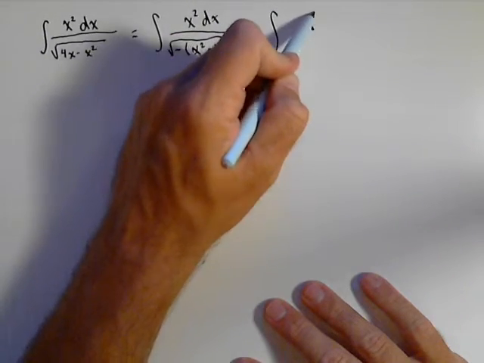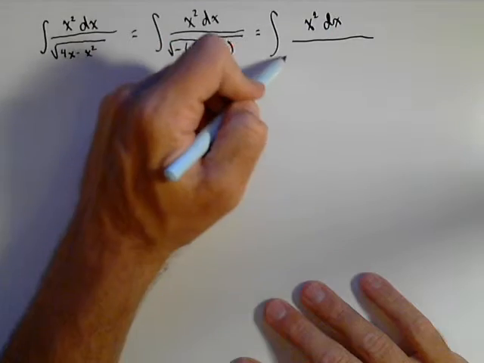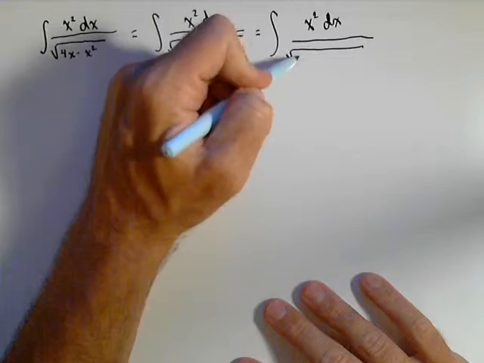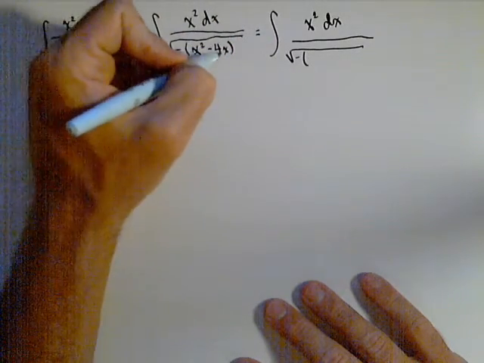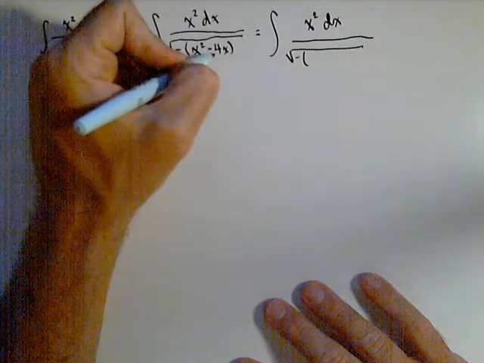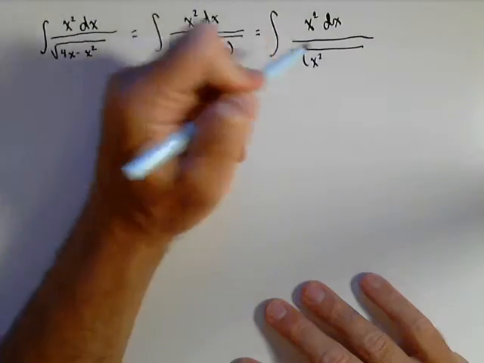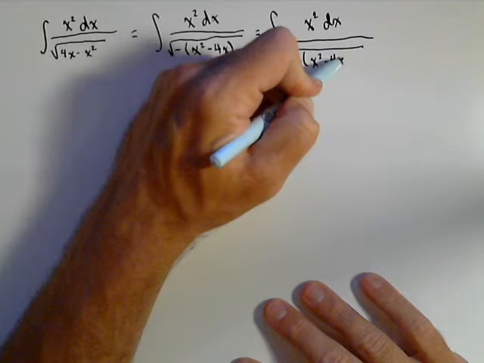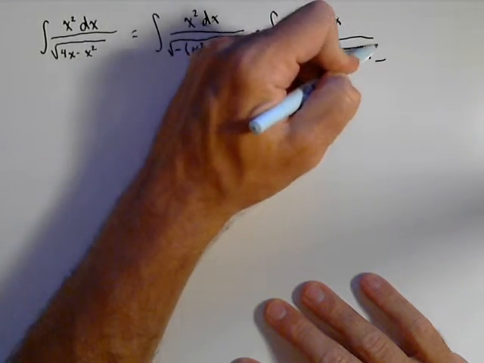So I have x squared dx times, now I got the negative outside, don't worry about that. I know it looks like a negative under the radical, but what's in the parentheses can come out negative, so that's okay. Now I'm going to have x squared minus 4x plus something minus something.